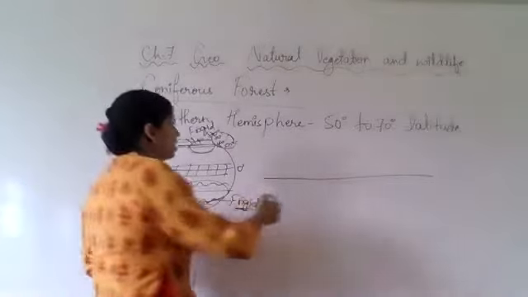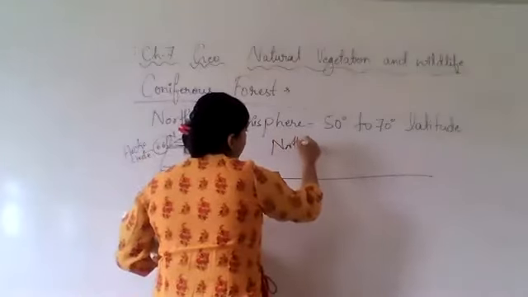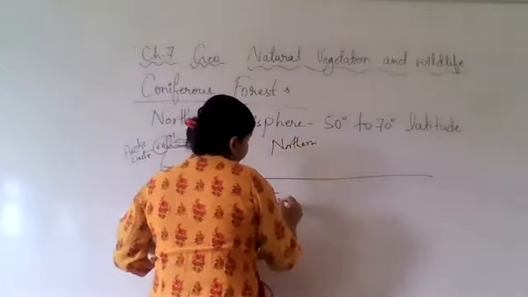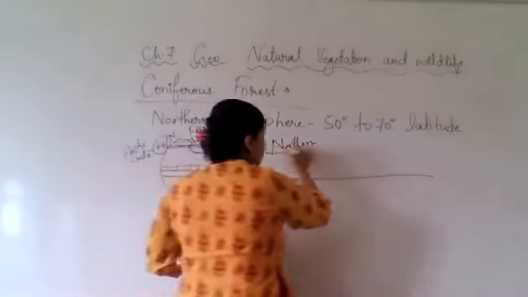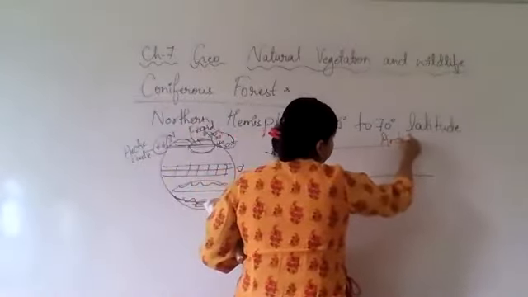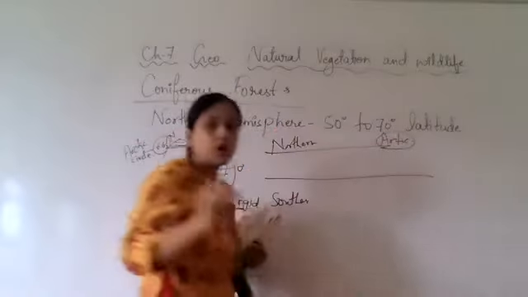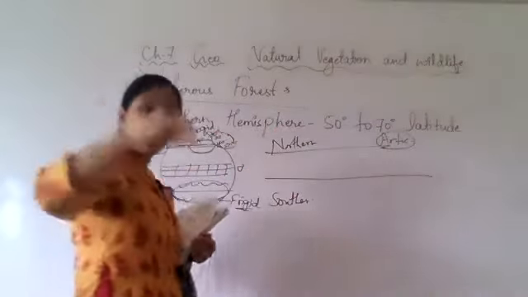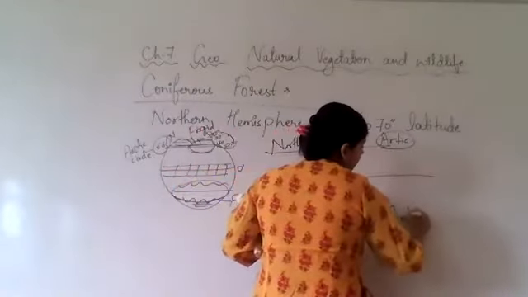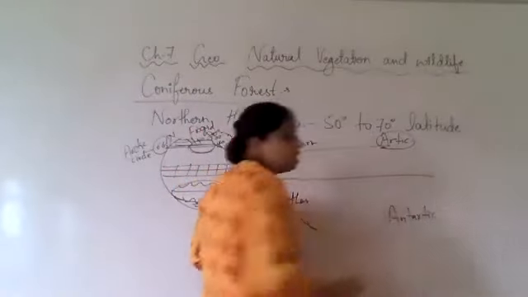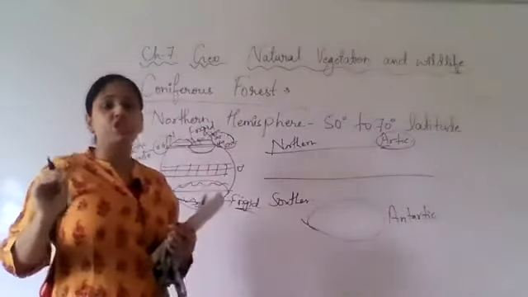Now this is the northern hemisphere, and if you take a world map, you will find that you have land mass near the Arctic circle. But when you go to the south, near the Antarctic circle, you will not find much land mass.